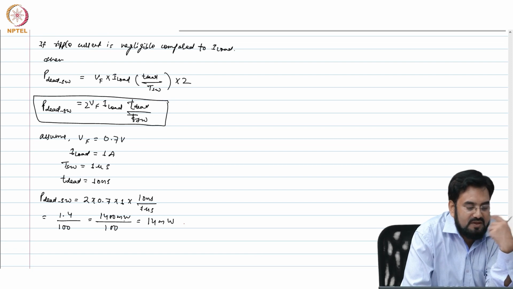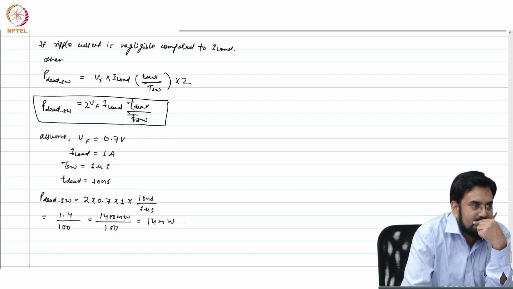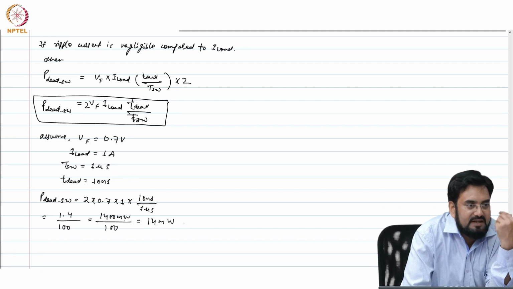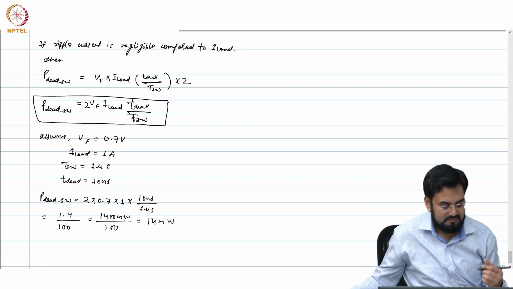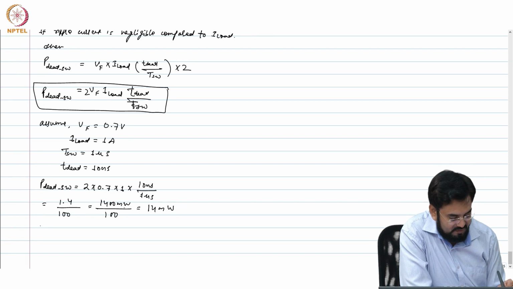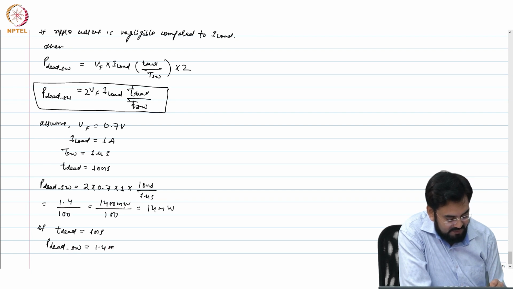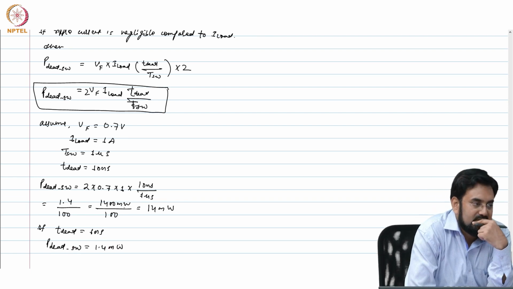So what can I do to minimize this? It is the TDED. So if you make TDED equal to 1 nanosecond, then 1.4 milliwatt, 10 times lower.